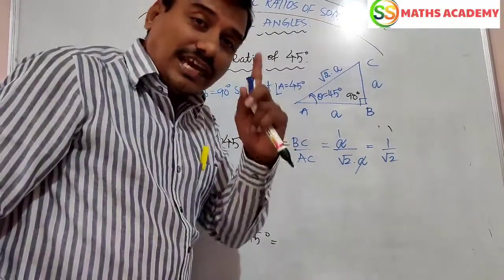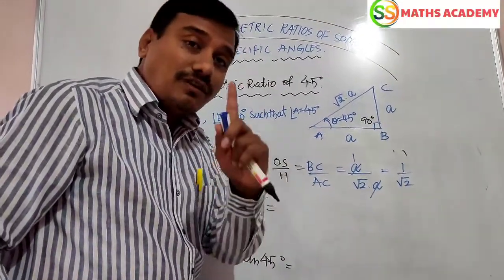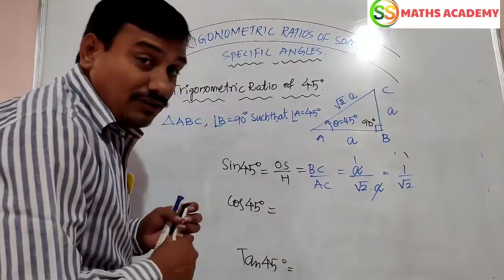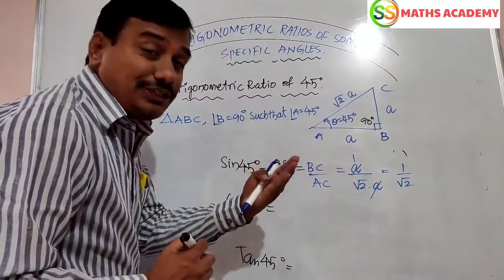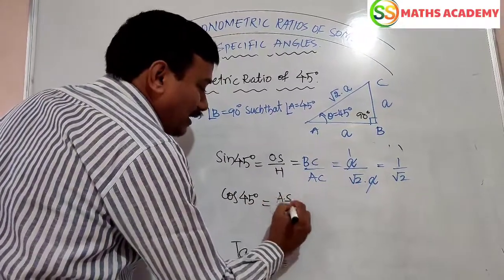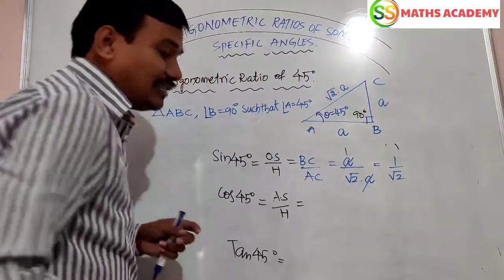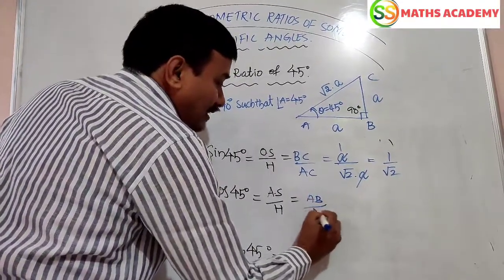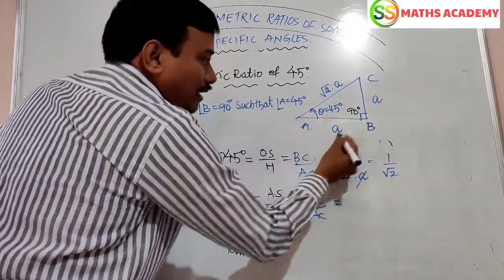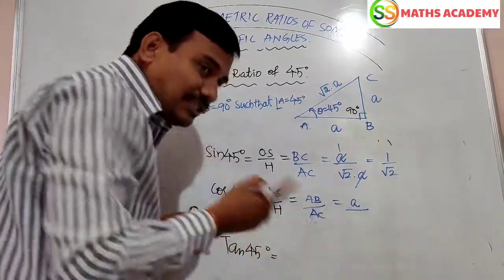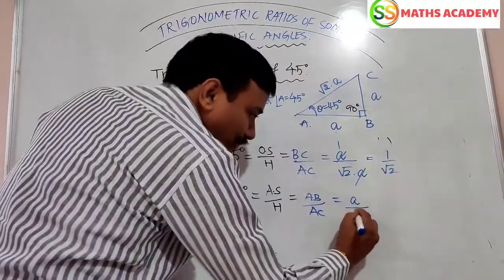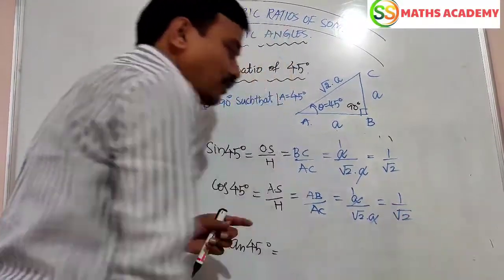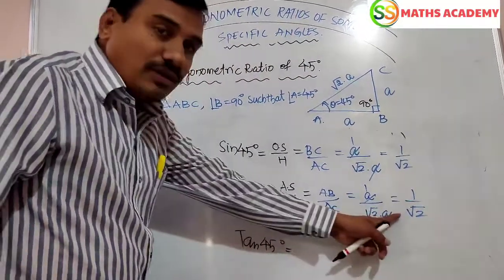This is the value of sin 45. Cos 45, by the definition, is adjacent side by hypotenuse. From the diagram the adjacent side is AB and the hypotenuse is AC. AB is a and AC is root 2 a, the a cancels, same procedure, and we get 1 by root 2. Cos 45 is also 1 by root 2.